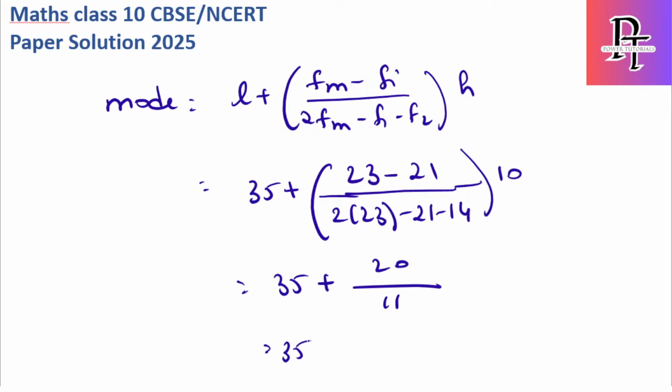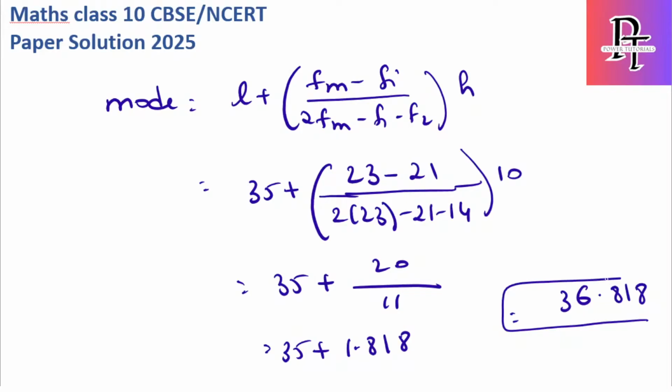So 35 plus 20 by 11, which is a repeating decimal. The final value of the mode is 36.818.